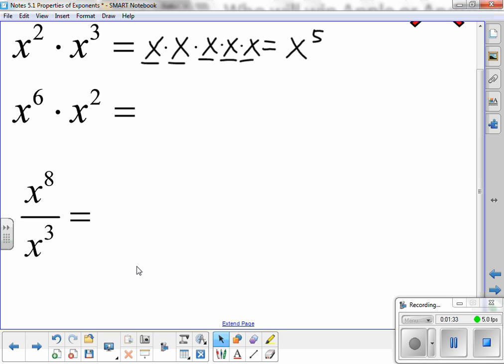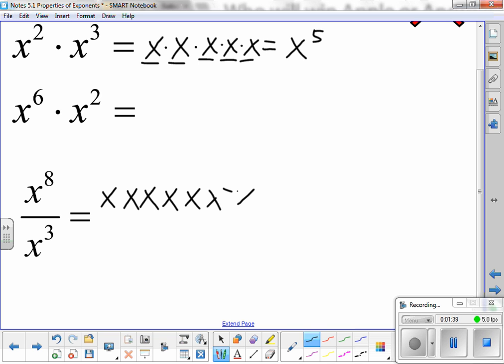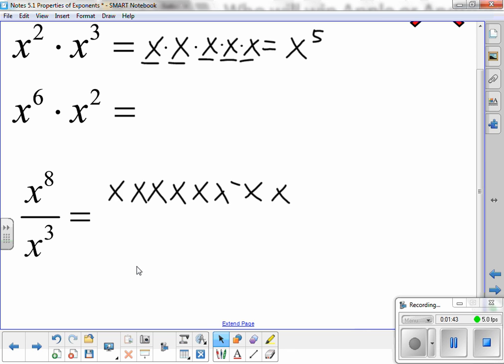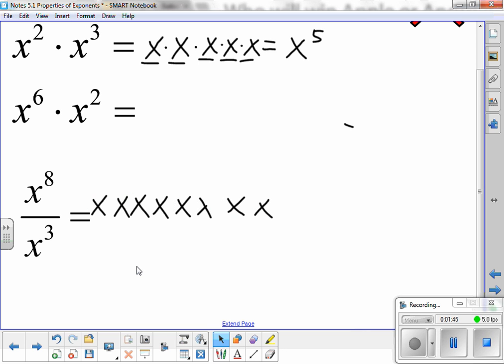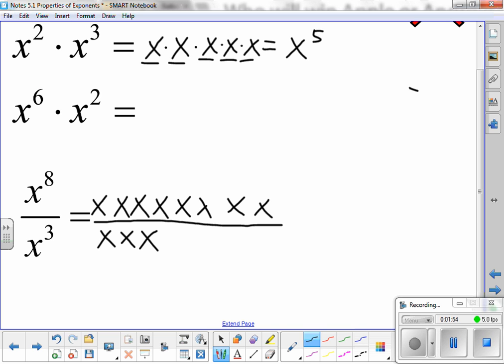If you actually expand that out, x to the 8th means that you have x, 2, 3, 4, 5, 6, 7, 8. Okay, so there's 8 x's and then 3 more on the bottom, 2, 3.